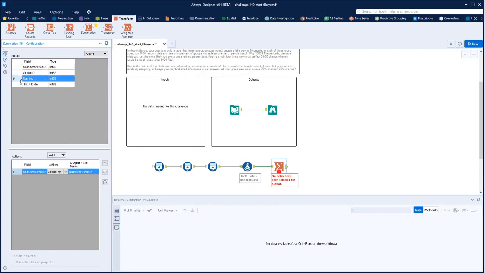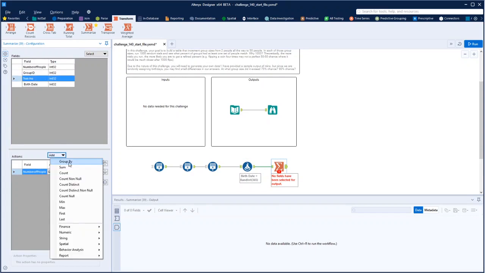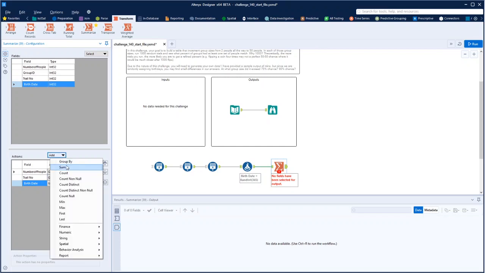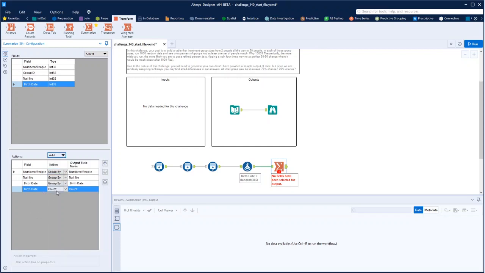It's the trial number, so we group by that, and then the birth date. So we group by the birth date, and then what we can do is count those. It doesn't really matter which row we choose, but we just want to count the rows for each of those.